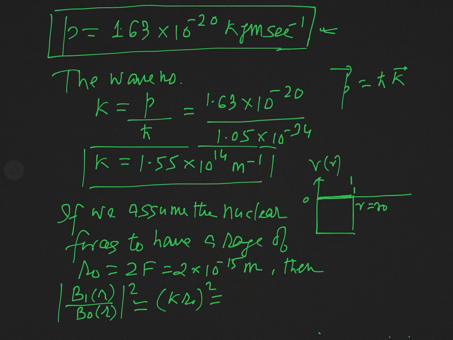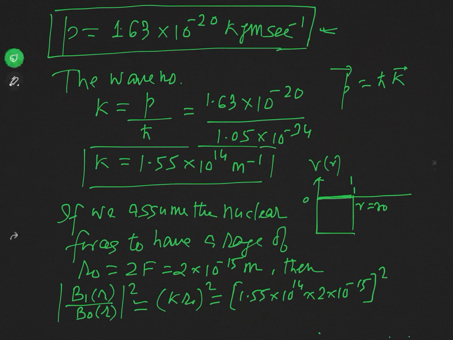Now let us substitute the values of K and R naught in this expression. We have calculated that this K is 1.55 into 10 to the power 14, and R naught is 2 into 10 to the power minus 15, and this much squared.